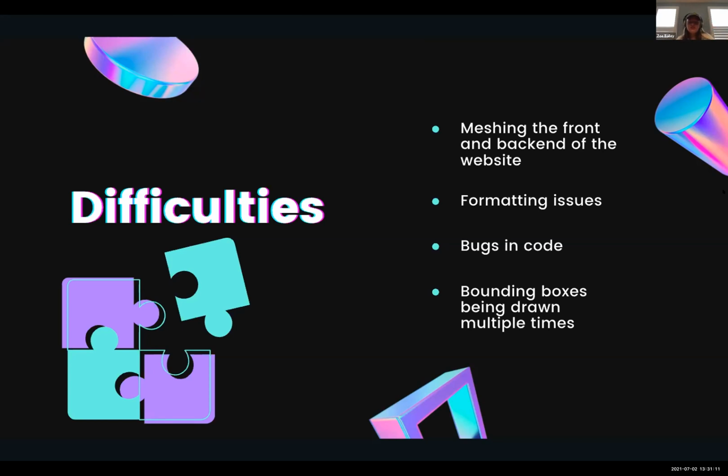But then there were some bugs in the code, both in the HTML and in the Python, which we resolved before this. And as An mentioned earlier, multiple bounding boxes were being drawn in one area, but we resolved that too.